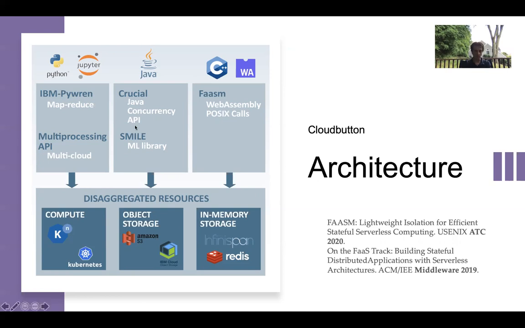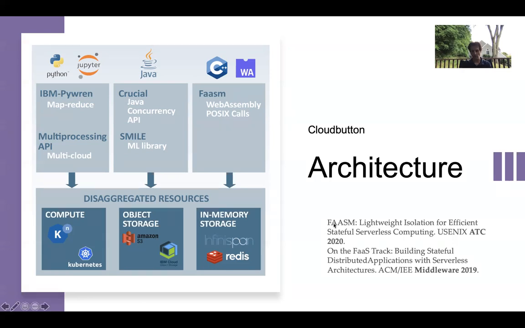These three pillars interact with these serverless disaggregated resources like compute, like object storage, like in-memory storage, like Infinispan or Redis. We have already published papers demonstrating this, and we have today two really high impact publications.